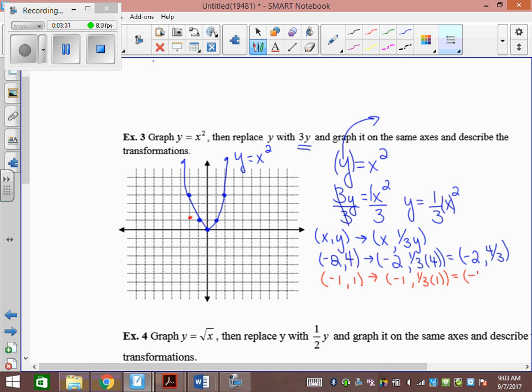So it's going to be -1 and 1/3, which is -1 and 0.33333. Zero, 0 is going to be 0 and 1/3 times 0. So that's 0 and 0. And then this is going to be 1/3, and this is going to be 4/3.